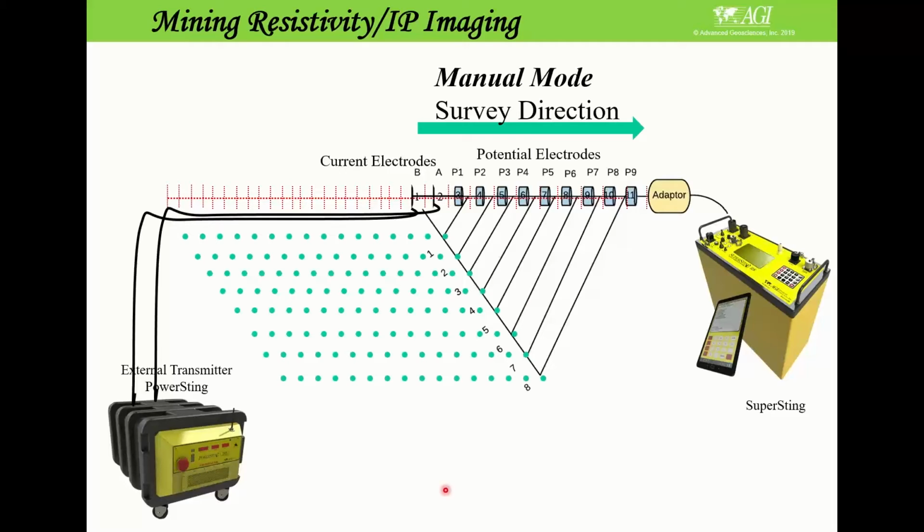If you're interested in deep measurement, you might use something like 100-meter dipole spacing, which will give you half of the electrode spacing as resolution, like 50-meter resolution.